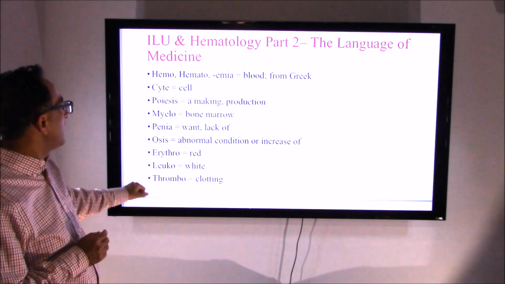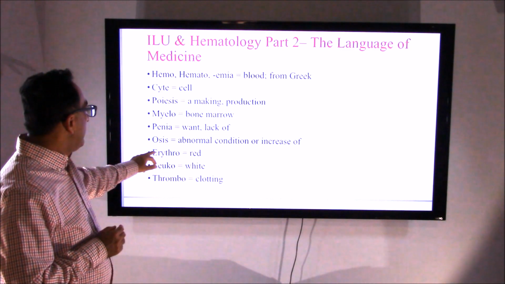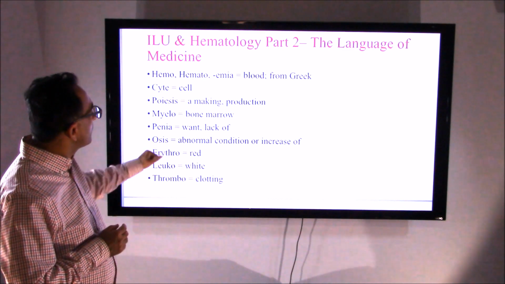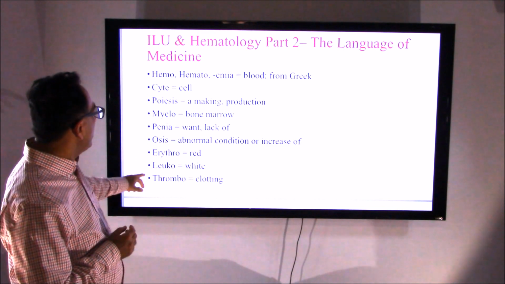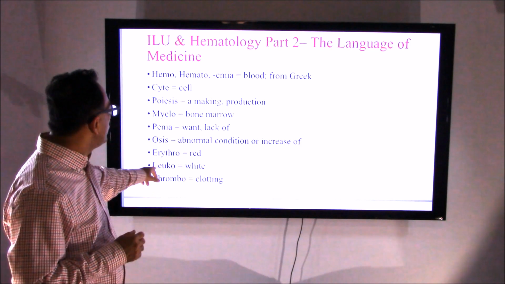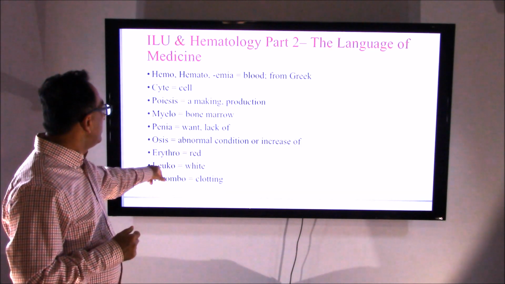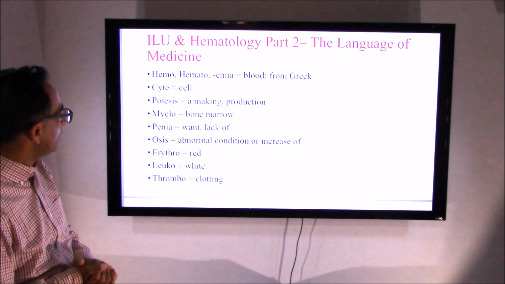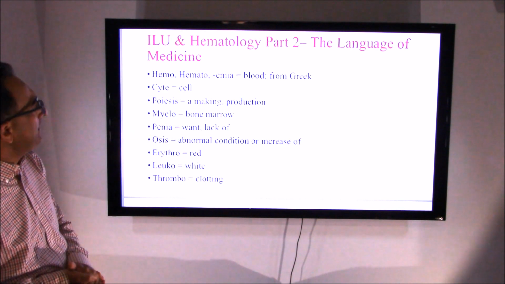Likewise, you can have erythrocytosis, which means increased red blood cells, or likewise leukocytosis, increased white blood cells, or leukopenia would mean reduced white cells in the blood. Okay, let's move on to the next slide.